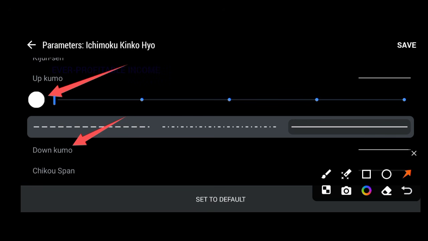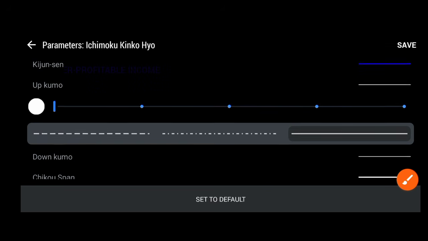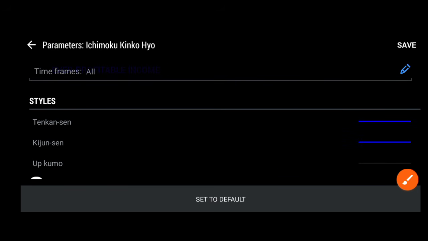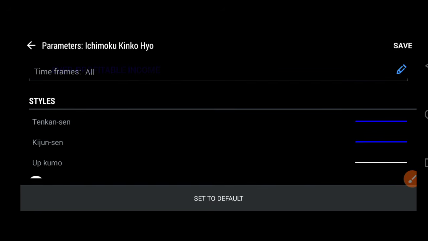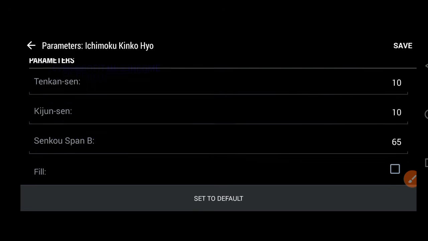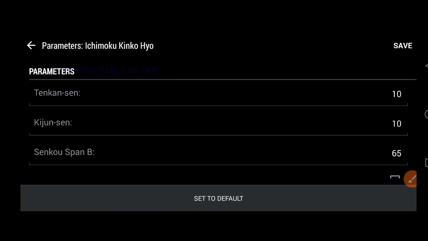It should also be the color of your chart. And the Chikou Span should also be the color of your chart. The only ones you have to change their color is the Tenkan-sen and the Kijun-sen. Those names are jaw-breaking. So I believe you understand. So just take a screenshot of the parameters and click on save.